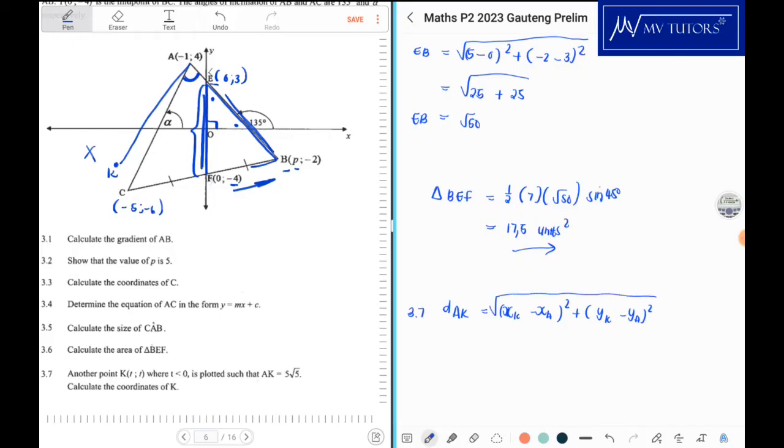So I've been given the distance, which is 5 root 5. Do I have the coordinate of K for x? No, that's what I'm looking for. For A, yes, I do have the x-coordinate. It is negative 1, so that's just going to be plus 1. And let me write this as t so that it's clear. And then the y-coordinate of K, which is also t, minus the y-coordinate of A, which is negative 4.